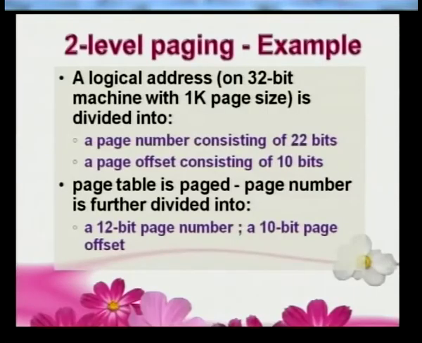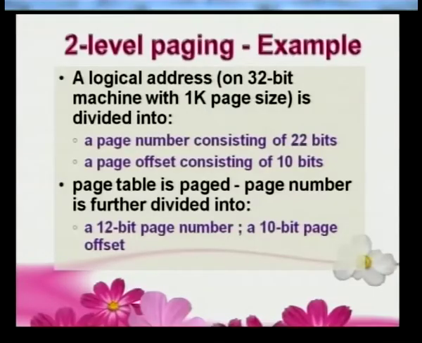In two-level paging scheme, basically a logical address, assuming we are working on a 32-bit machine with 1K page size, is divided into a page number consisting of 22 bits and page offset consisting of 10 bits. Remember, the logical address is a combination of page number and page offset.